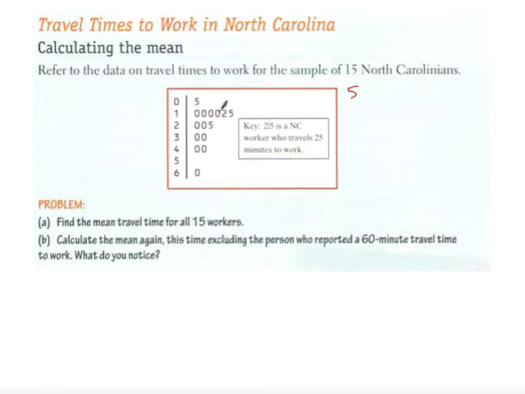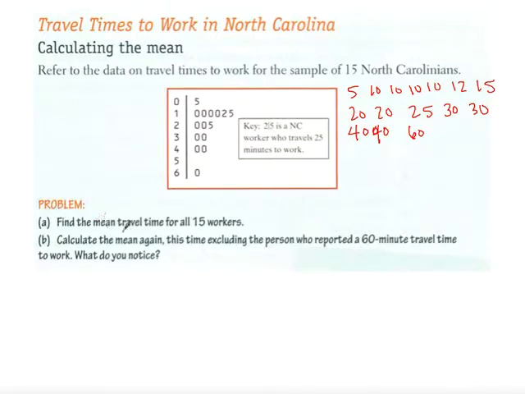There are 4 people with a 10-minute travel, one with a 12, one with a 15, then 2 20-minute travels, 1 25-minute travel, 2 30-minute travels, 2 40-minute travels, and 1 that travels 60 minutes to work.